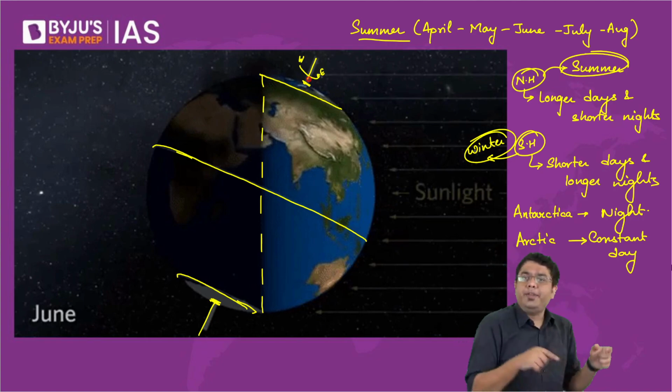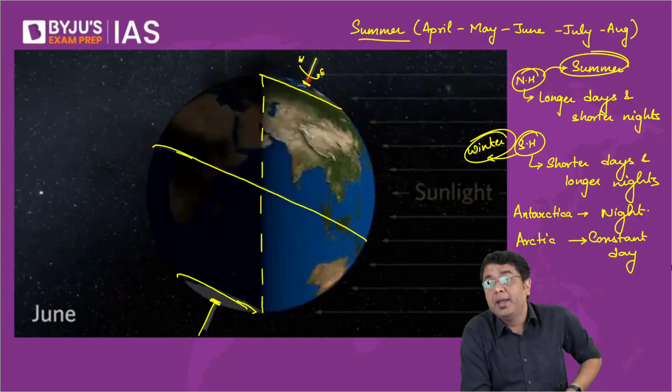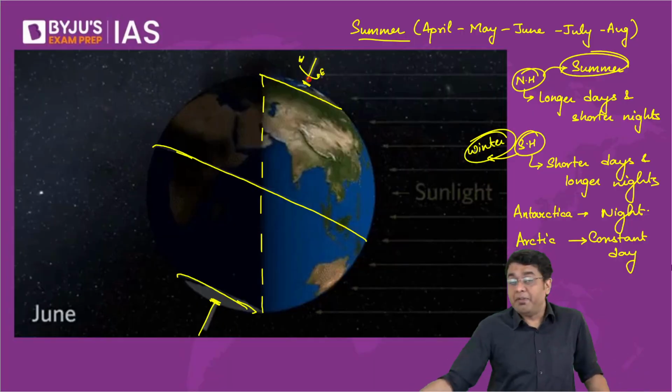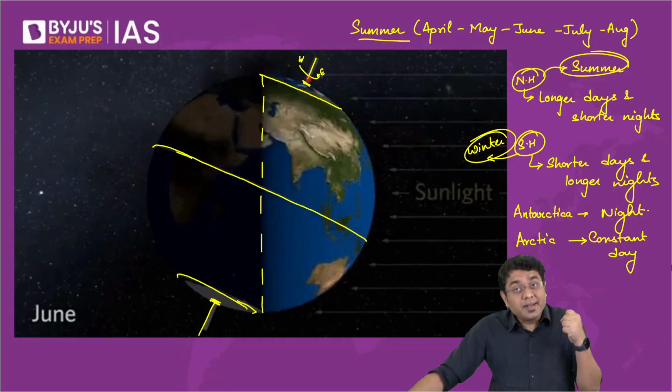So that is why you have almost 4 to 5 months of daytime in Arctic and 4 to 5 months of nighttime in both these areas. For example, right now, in the month of July, you would be experiencing night time in Antarctica. But slowly in 2 to 3 months, Antarctica will experience daytime.